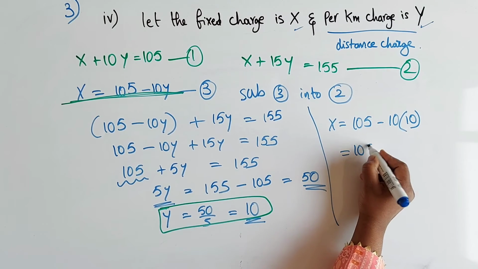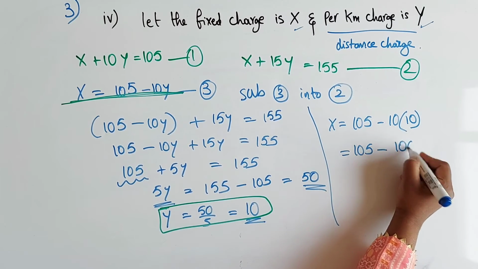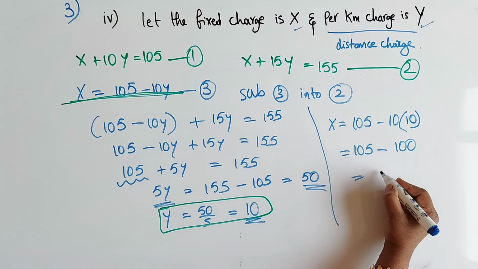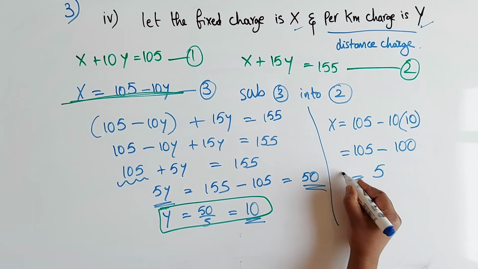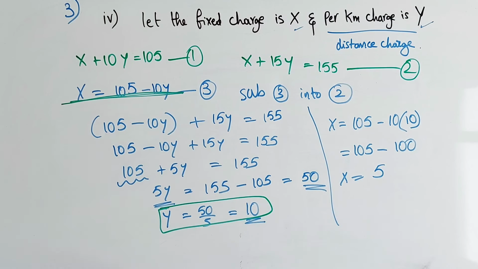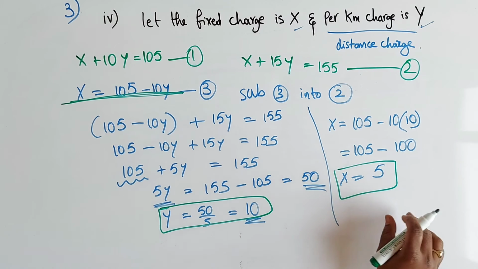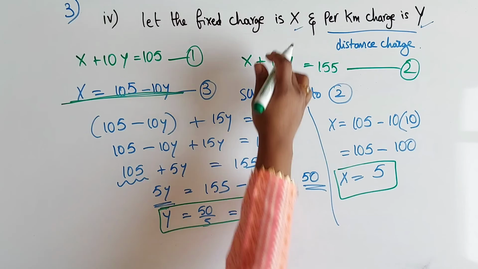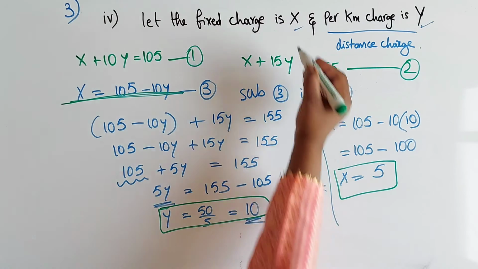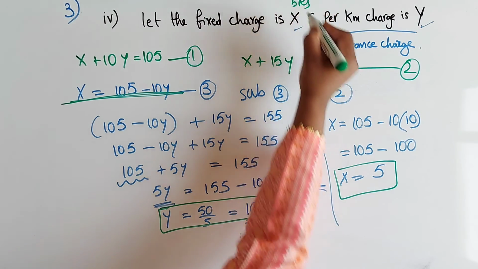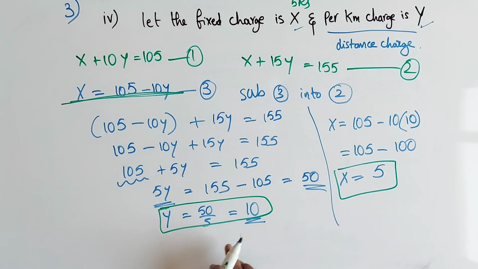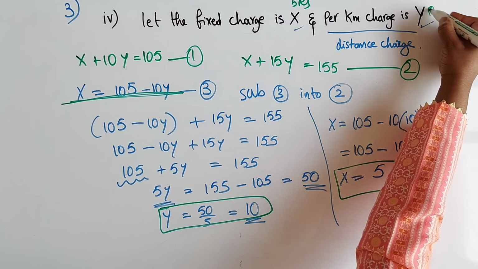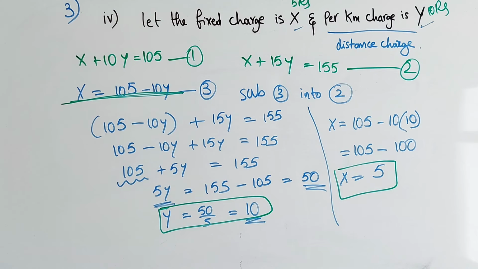This equals 105 minus 100, since 10 tens are 100, children. 105 minus 100 equals 5. x equals 5. So what is x, children? That is the fixed charge. Fixed charge is 5 rupees and per kilometer charge y equals 10 rupees. Clear, children?